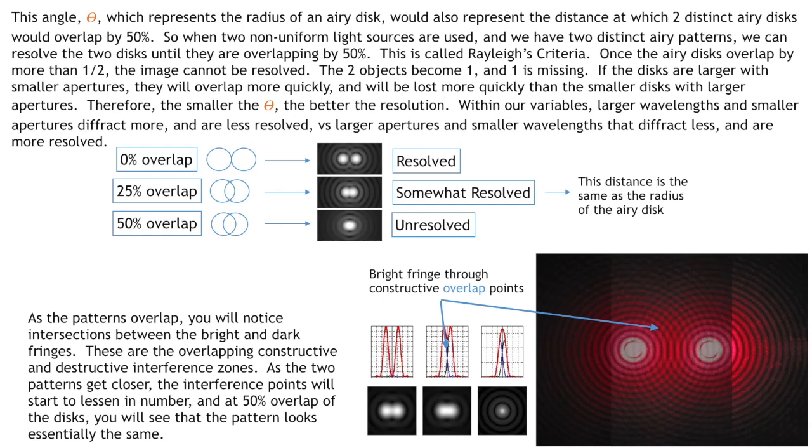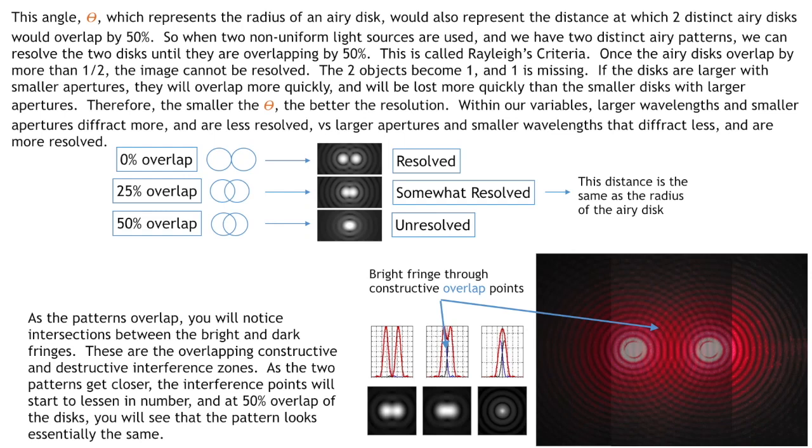So here's the depiction here. You have 0% overlap with these two Airy disks, we'll say. Then there's 25% overlap. You can still somewhat resolve them. And then at 50% overlap, they become non-distinct entities and they basically merge and blur into one pattern. So resolved, somewhat resolved, to basically unresolved.